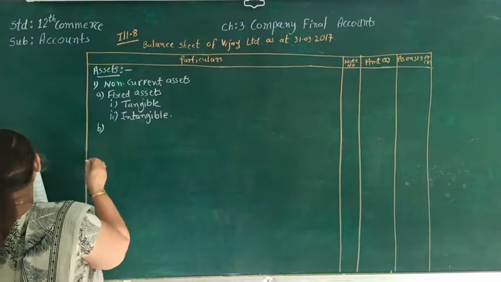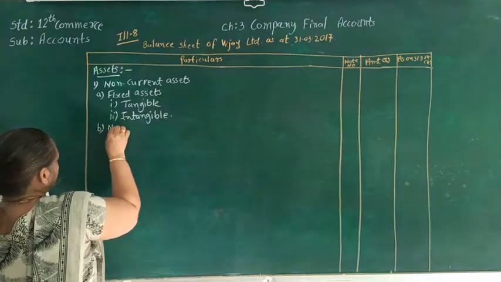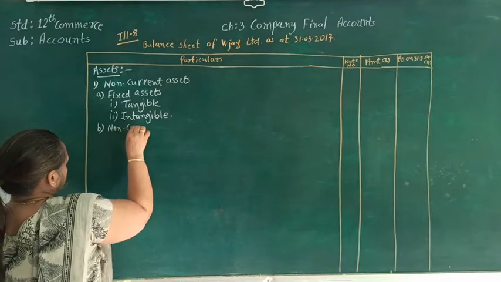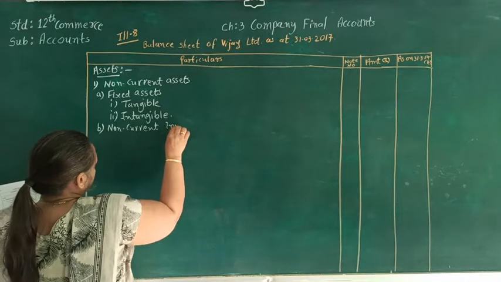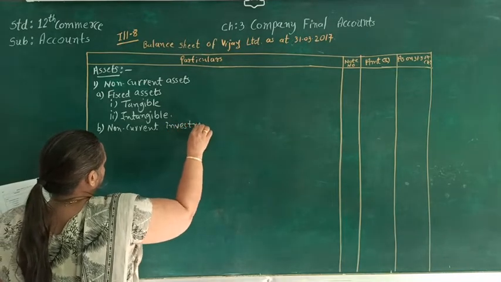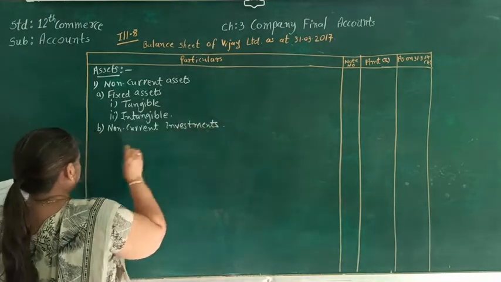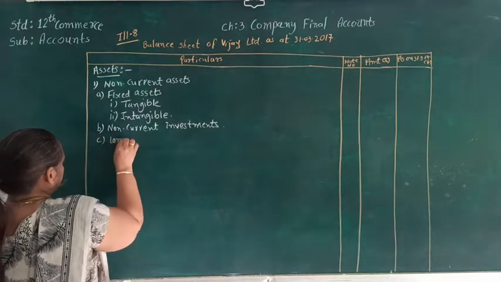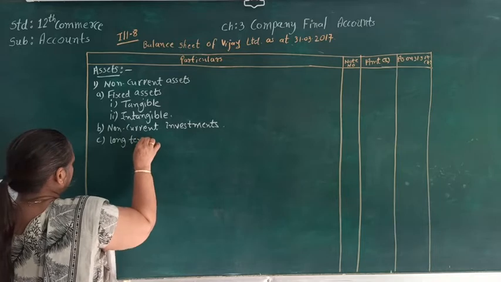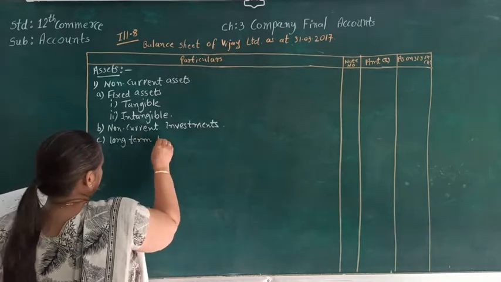Then the next heading is a non-current investment. The third one is long-term loan and advances.